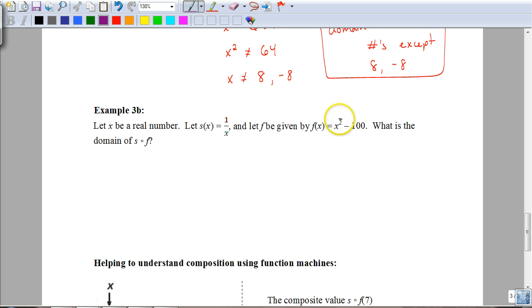Well, again, I can put anything in here for x as it is, but when I go over here to function s, x can't be 0. So that means that when I set this up, x squared minus 100, the value of that can't equal 0. So now I'm going to have to solve this equation. So I add 100 to both sides.